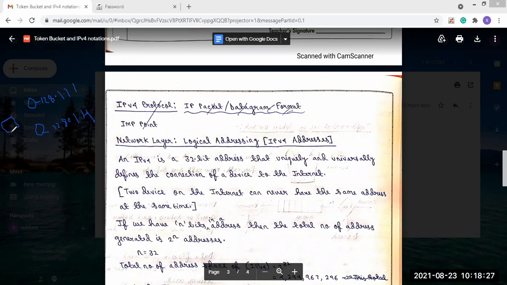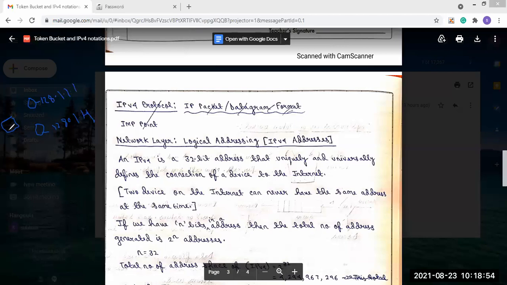Now this packet has the destination address 128.1.1.1. In which system should the packet be transmitted? Because both systems have the same IP address. The destination address of this packet is 128.1.1.1, so where will it be transmitted?